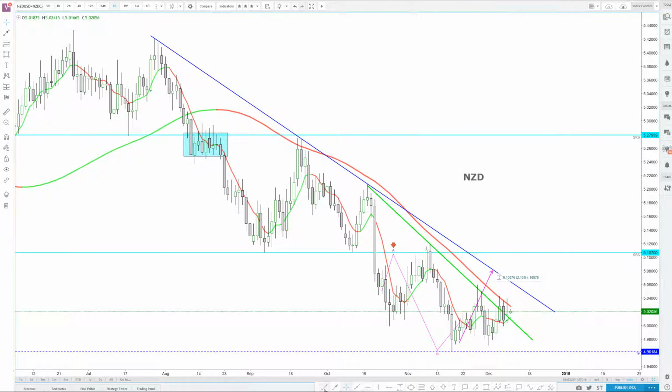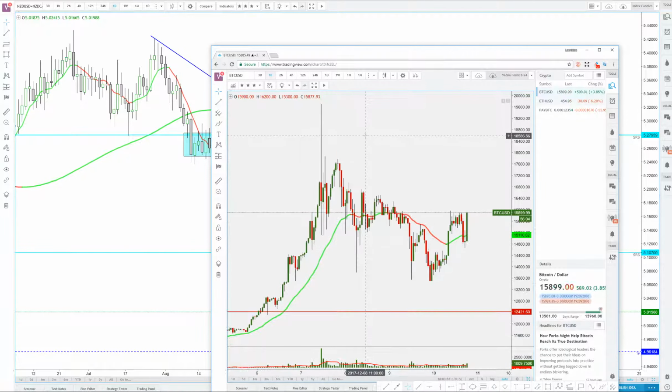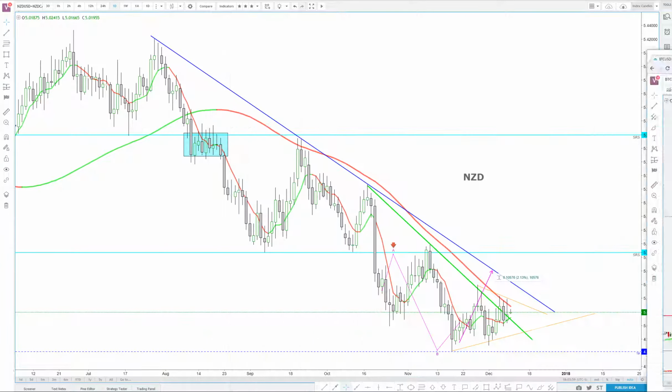It's trying to move up. We're hitting some resistance here, like so. By the way, Bitcoin moving higher still. Probably gonna go a lot higher, probably 17,000 at least tonight.